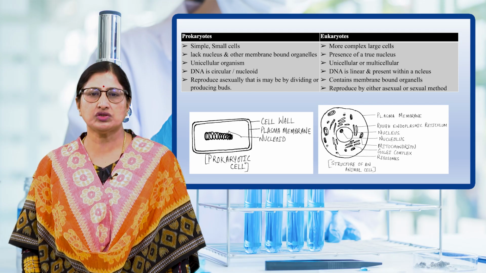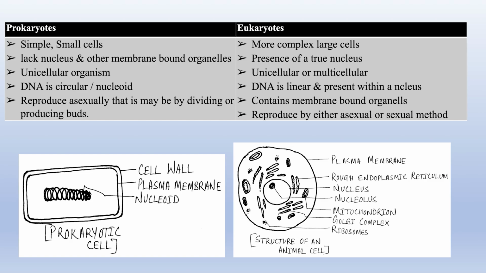See the structure of two diagrams given here. The first diagram depicts the cell of a bacterium which is prokaryotic in nature, whereas the second one is the structure of an animal cell which is eukaryotic in nature. See, in the first diagram, there is no confined nucleus present at the center of the cell because there is no demarcation line for the nucleus.